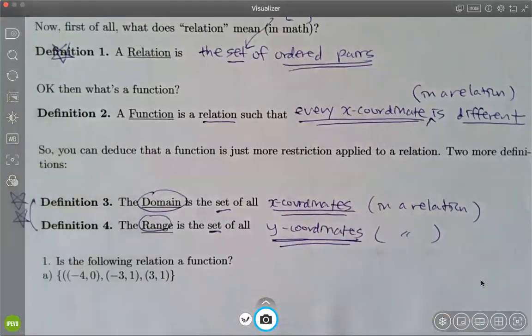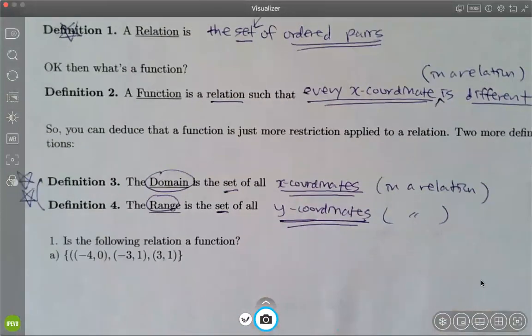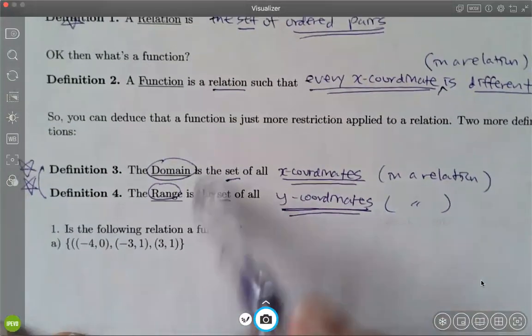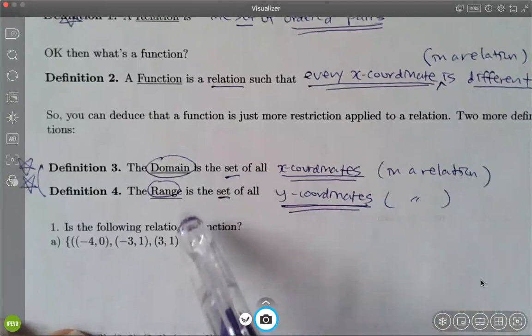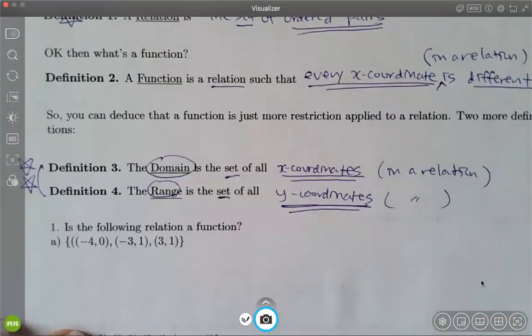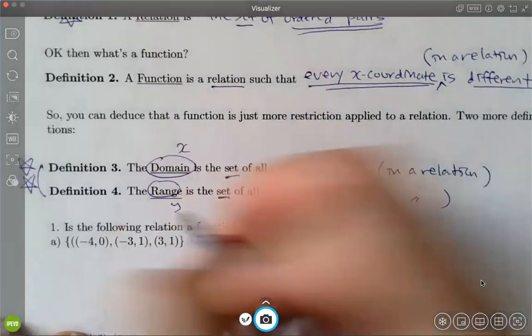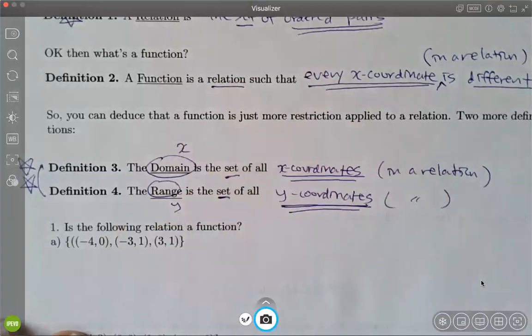Now, these two definitions will change a little bit once we get to other forms of functions, but still the main underlying idea is the domain is x and the range is y. That remains the same throughout any forms of functions.